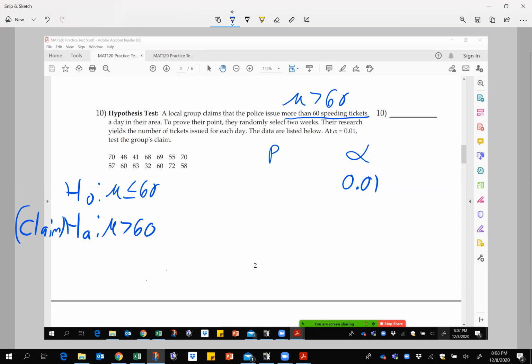So we have the number of tickets issued the first day, second day, third day. They do this for a total of 14 days. So our sample size is 14, which is small. That's less than 30. And because of that, we're going to compute P this time by using a t-test. Okay?